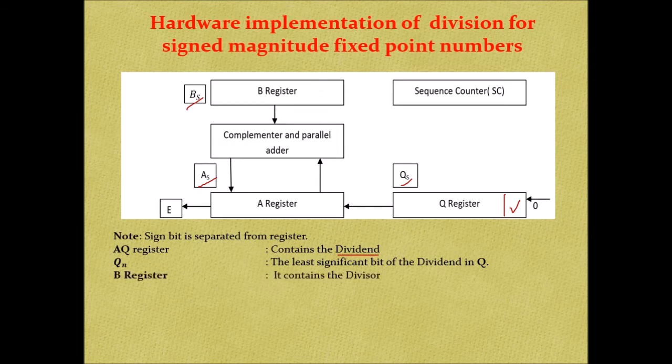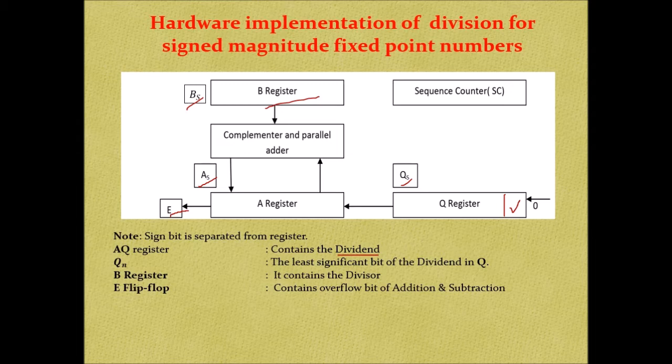After that, the B register. This B register contains the divisor of the division operation. And what is this E flip-flop? This is the flip-flop which contains the overflow bit of addition and subtraction. Once we perform the division operation, we have to do the subtraction, and in subtraction or addition there may be some overflow.